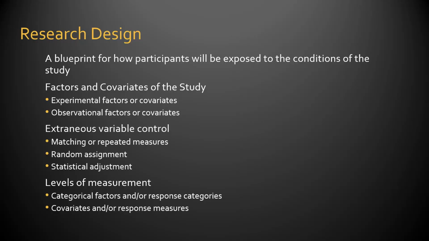So when you have factors and covariates in the study, they can be experimental or they can be observational. We can have multiple experimental factors. We can have multiple observational. We can have only experimental factors. We can have only observational. Really, there is no limit to how we treat this. In this particular course, I'm restricting the number of factors and covariates that we're looking at in the study.